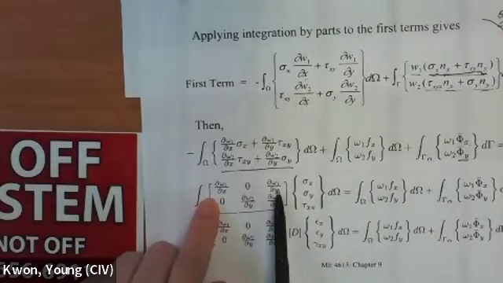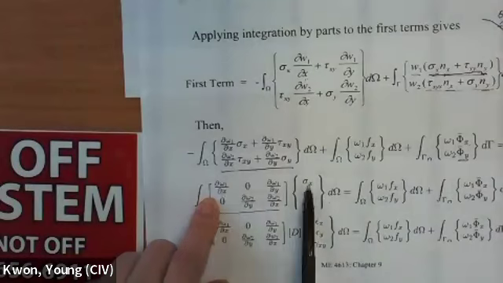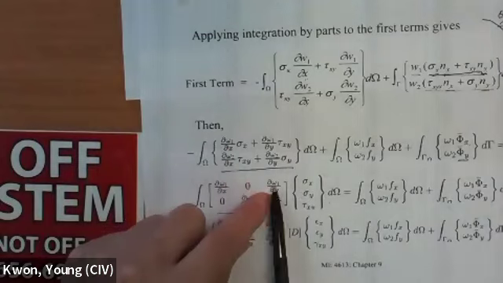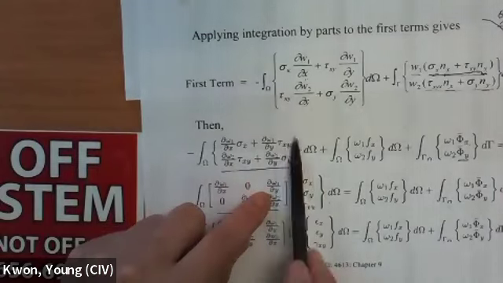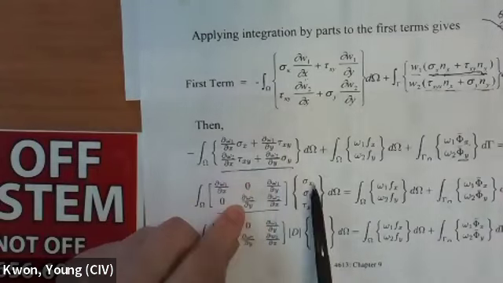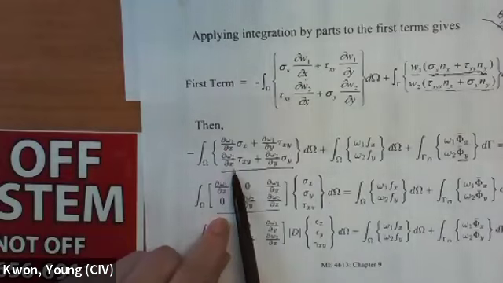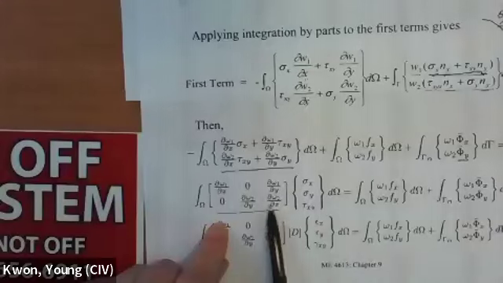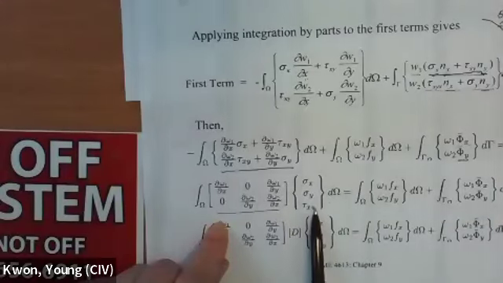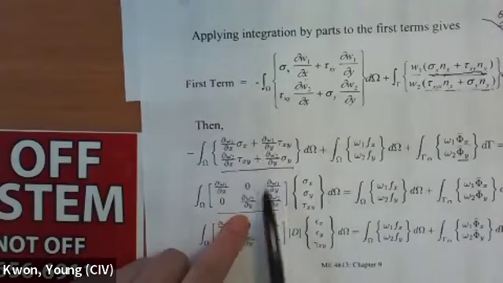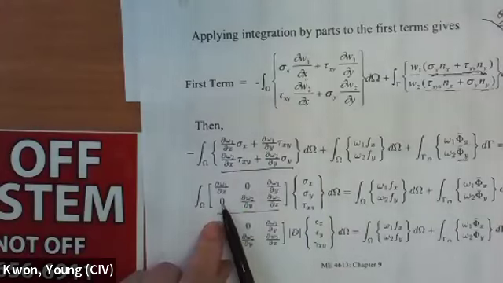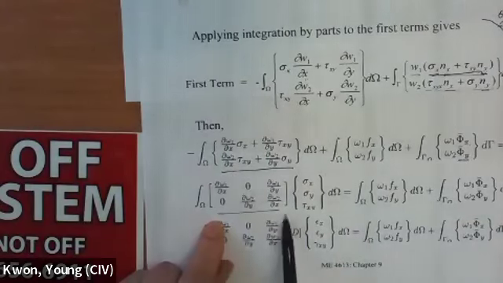And if you multiply this one, dw1 dx sigma x, and 0 multiplied by anything is 0, plus dw1 dy times tau of xy is this one. So that is equal to this product. And the second term, dw2 over dx tau xy. So dw2 dx tau xy, and then dw2 dy times sigma y, and there's no sigma x component, so this is going to be 0. So this is exactly the same as that one.